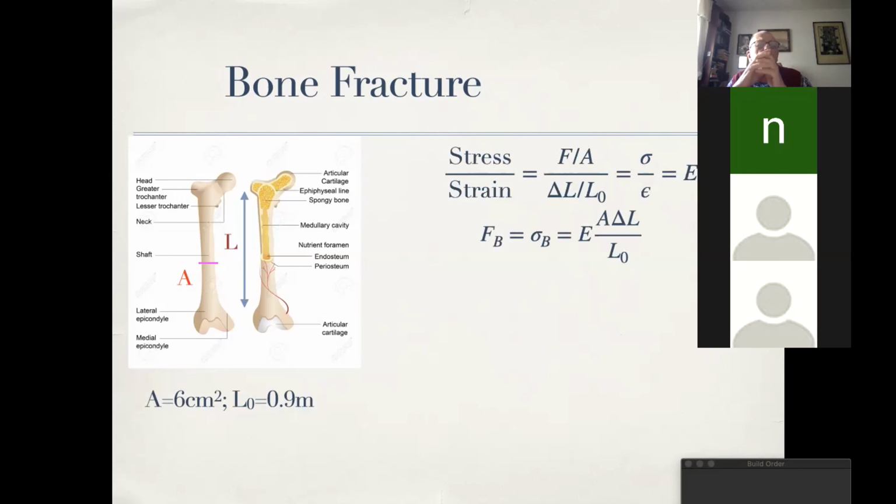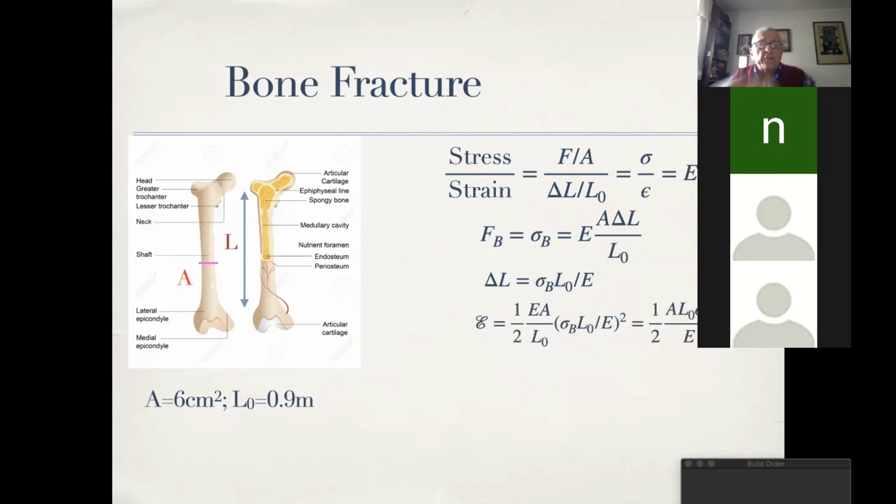Then the force at which it will break is, out of the stress-strain relation, given by the following expression. If I now do a little bit of algebra, then the change of length of a bone is given by the value of the stress at which the bone cracks times its length divided by the Young modulus.